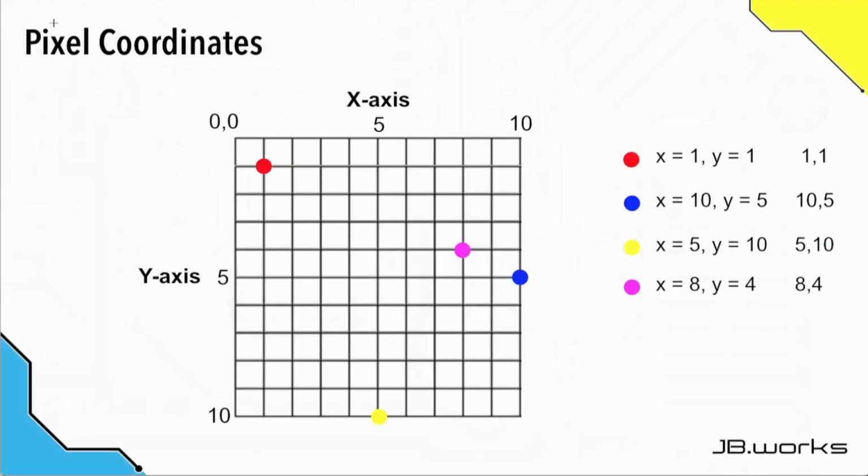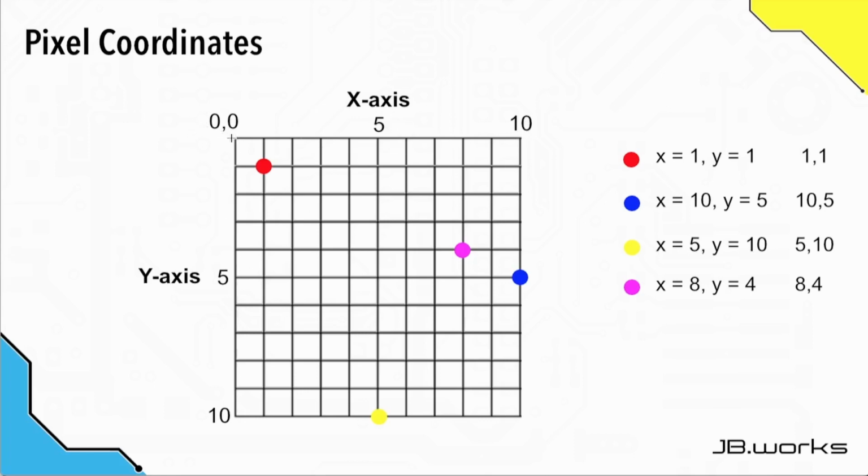Now that we know a little bit about how pixels work, the next thing we have to find out is how do you specify which pixel it is on the display that you want to control. So we have here a grid that goes from 0 on the left hand side to 10 on the right hand side, and that's the x-axis.